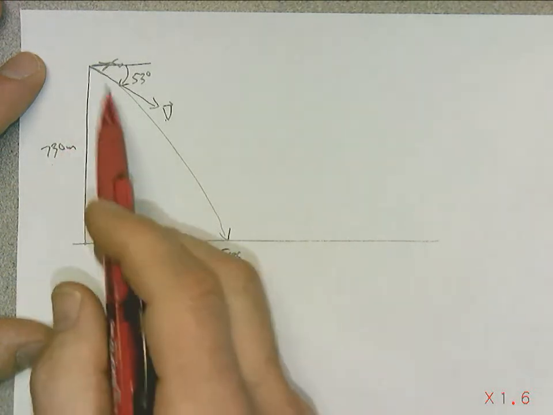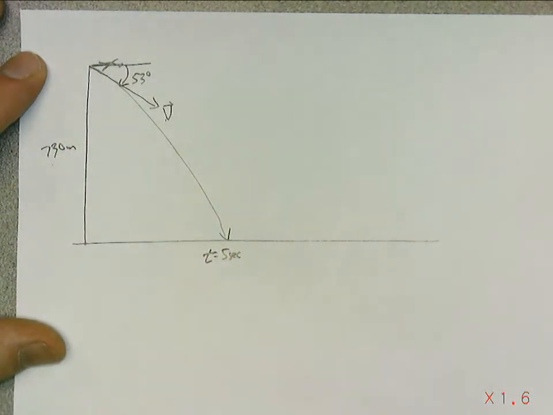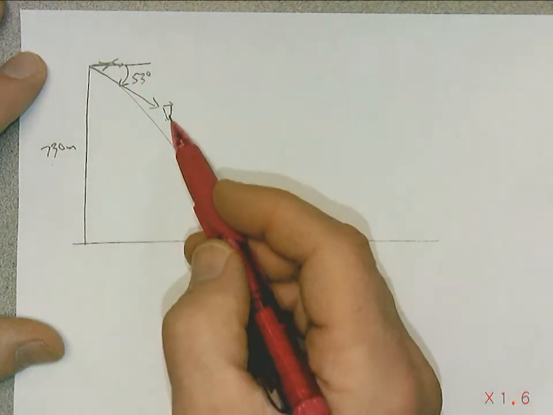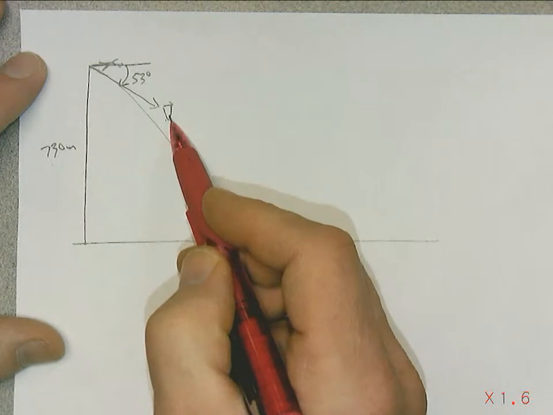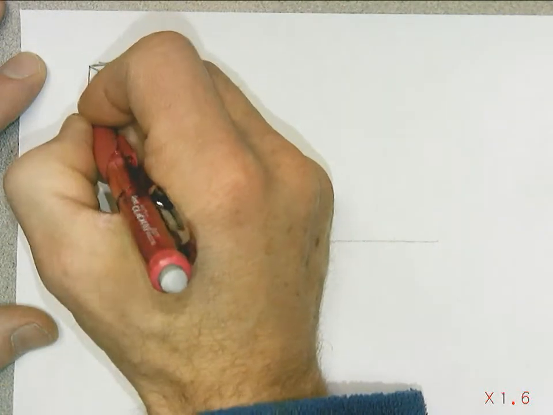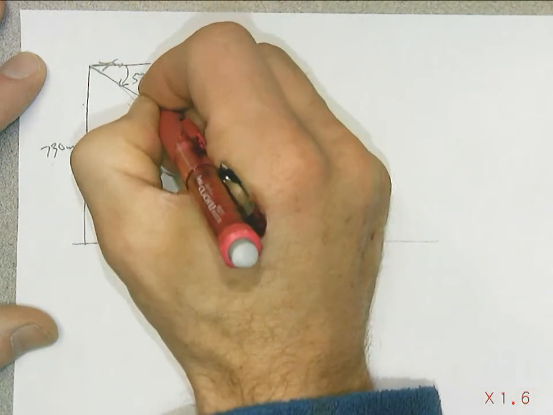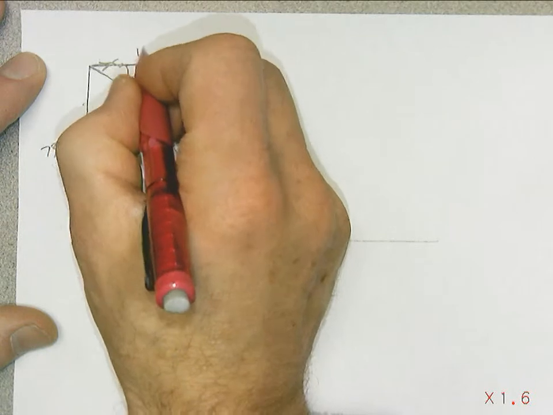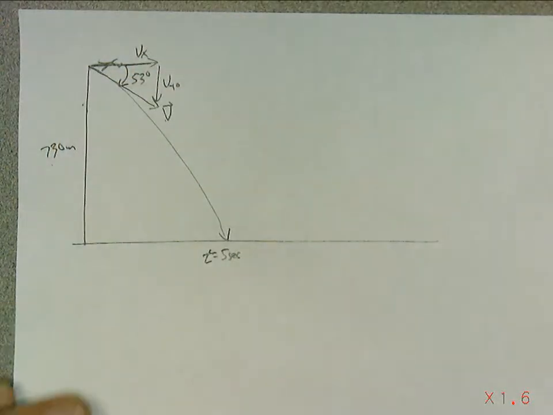We know it's 730 meters from here to here. And we know this angle, so that's going to relate to the speed, along with the initial vertical velocity. I'll draw it over here. We have our Vy0 looks like that. We have our Vx that looks like this.